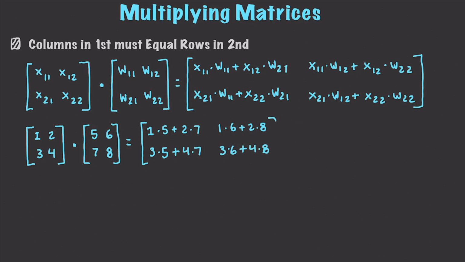And of course, this is going to give us a final result of 19, 22, 43, and 50. And there you go. But you say to yourself, well, how is this at all useful? Well, let me show you.